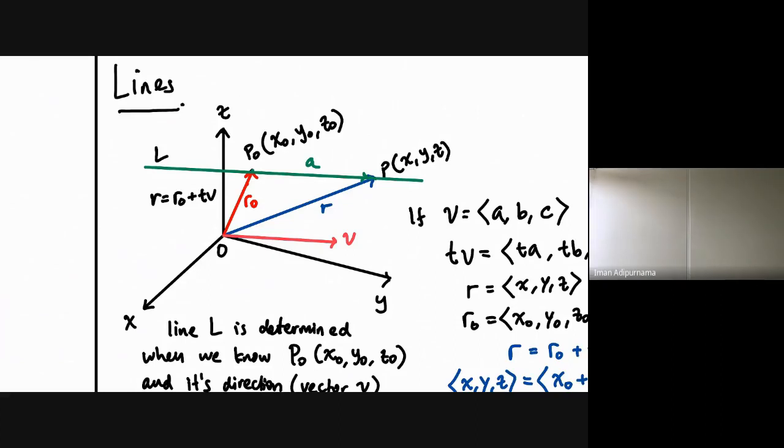We call it V, and inside this vector the components are A, B, C, which we call the direction numbers. So the purpose of this V is to give the direction of the line L here. Okay.